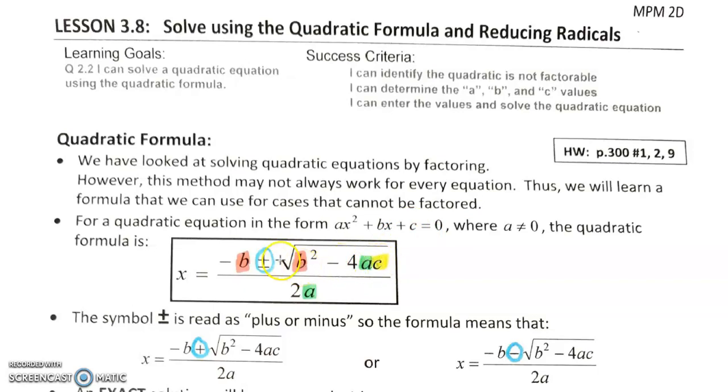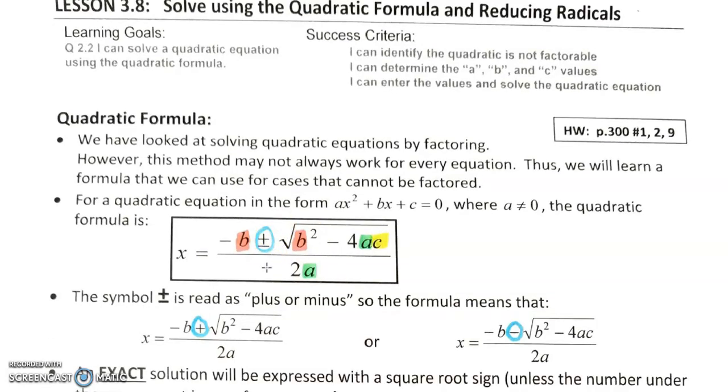Now let me explain this circled plus minus symbol. In lesson 3.6, we saw that a lot of the time we usually get two answers for our final answers for x. And so by having a plus minus, it allows us to have two different answers.